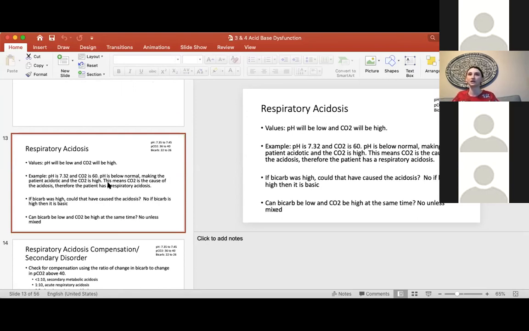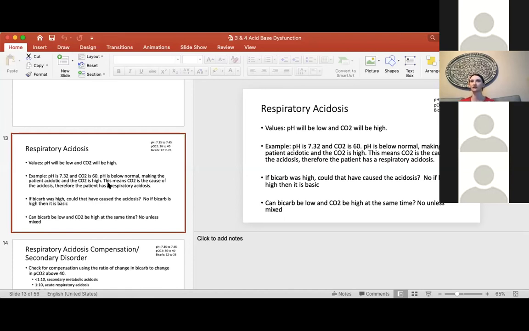So we're going to start easy and then get harder. We've got a low pH and high CO2 for our respiratory acidosis. Let's look at an example. Our pH is 7.32 and our carbon dioxide is 60.